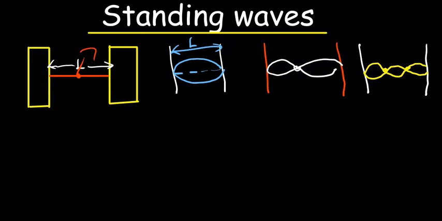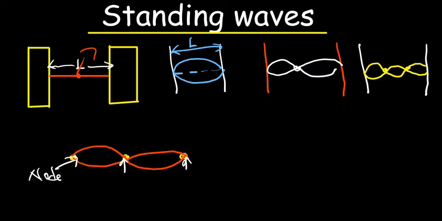Okay, now if you have got a wave which is in this form, this part here is what we call the node. This is the node.